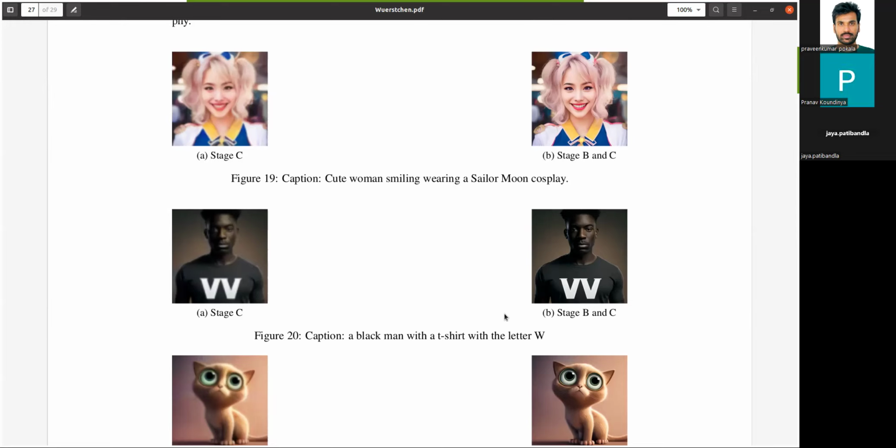Generally, in stable diffusion models, given an image, you convert it to an embedding using some architecture that you have preconceived.